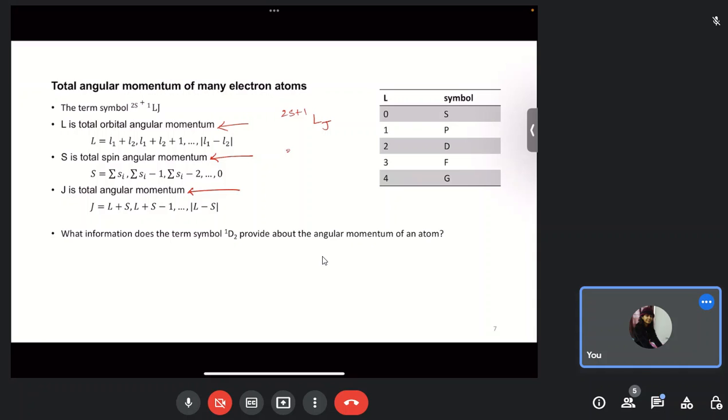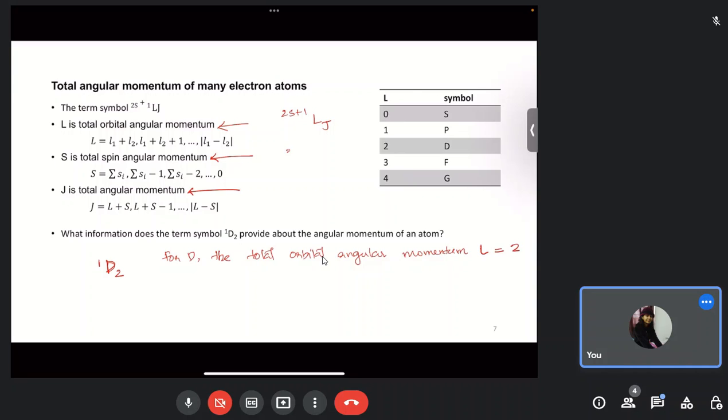So let's deconvolute all the different angular momenta from the term symbol 1D2. For the symbol D, the L value, the total orbital angular momentum, is going to be L equal to 2.